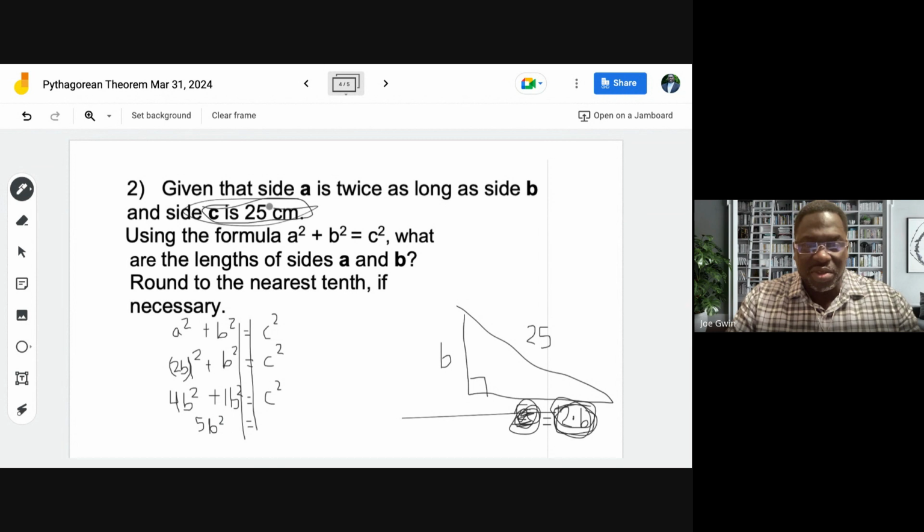They told us C is 25, so C squared is 25 squared. Now let's figure out what 25 squared is. 25 times 25 is going to give us 625, equals 5B squared.